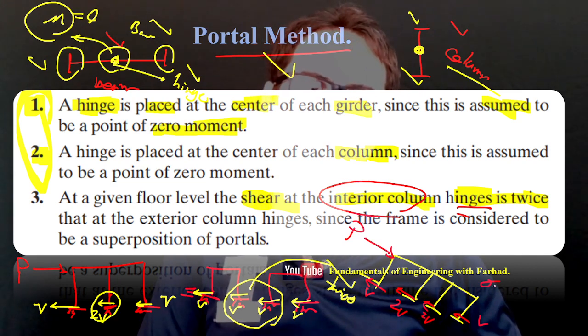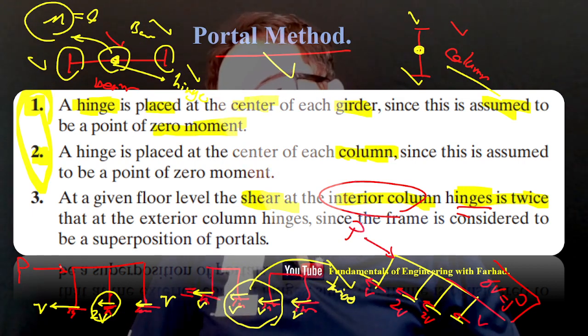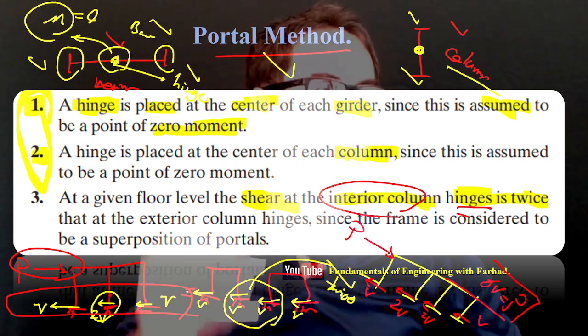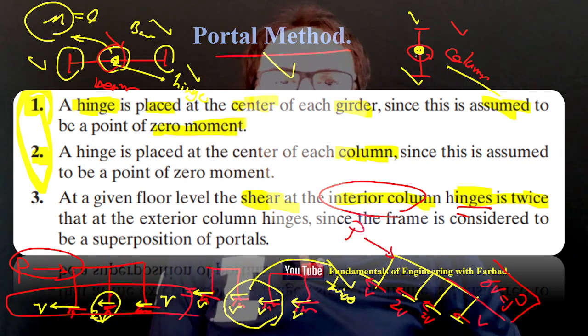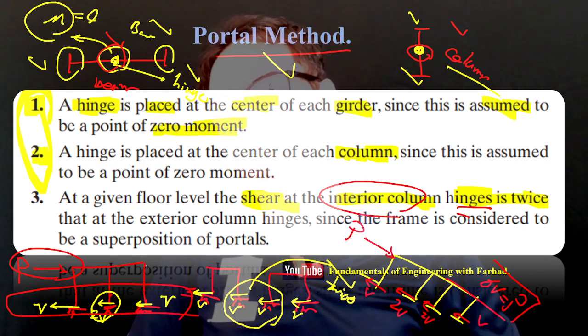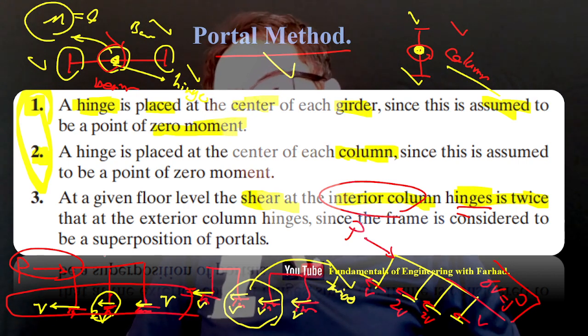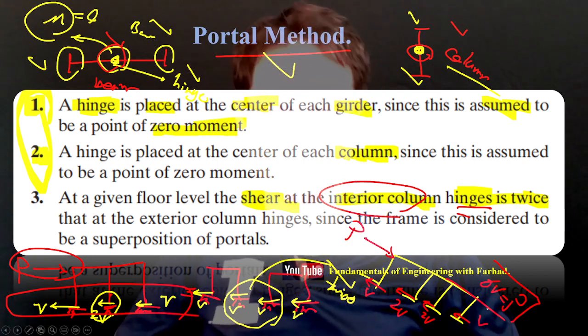In that sense, 6V is equal to P. That's how we distribute the horizontal force at the top to the supports. That's what we just need to know. Just put a hinge at the center of each fixed member, and the second rule is shear is evenly distributed between the supports, but the share of the center one is twice that of the sides.